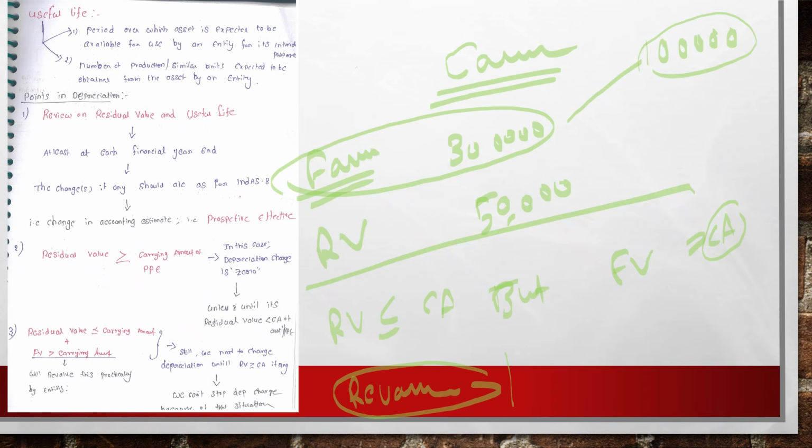You cannot assume that until you revalue the asset. So you still need to charge the depreciation until the residual value is more than the carrying value. Until you get this case, you should charge depreciation even though the fair value is more than your carrying amount. You cannot stop depreciation because of this situation.